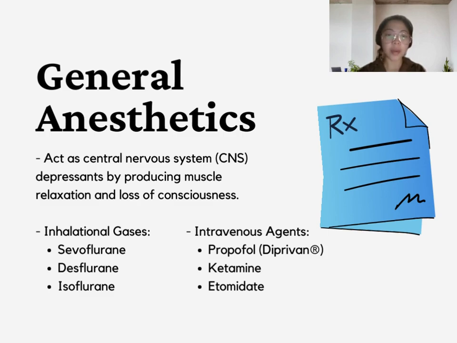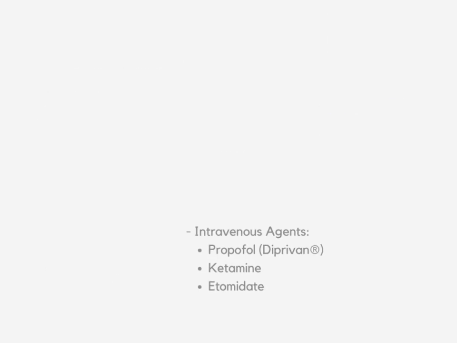You cannot be woken from an anesthetic until the medicine is stopped and its effects wear off. This can be given either by inhalation or an IV injection. Inhalation gases include sevoflurane, desflurane, and isoflurane, while intravenous agents are propofol, which is the commonly used, ketamine, and etomidate.